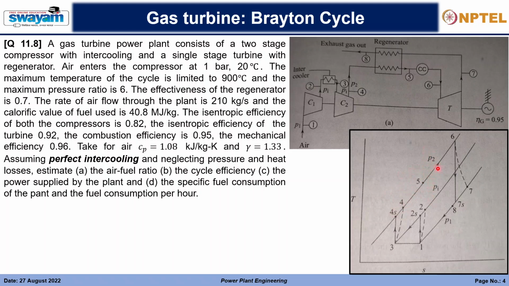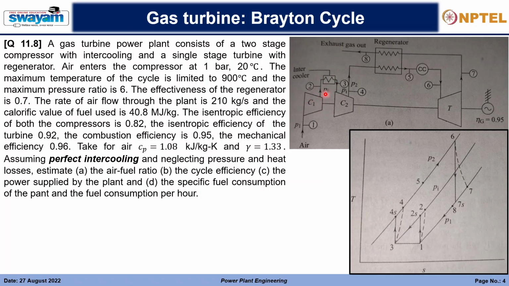By that we can utilize a lesser amount of heat, but the main thing is heat recovery: the heat energy leaving the turbine unutilized can be utilized in adding the heat here. So heat recovery is a plus factor in this kind of condition, intercooling.